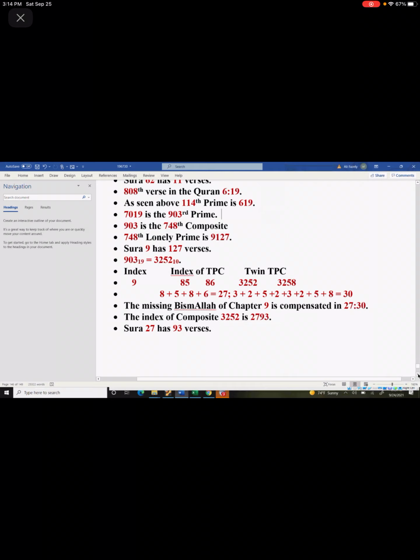So it didn't have any other option. The mathematics drives the idea that the missing Bismillah is supposed to be compensated in chapter 27, verse 30. The index of composite 3252 is 2793, and chapter 27 has 93 verses.